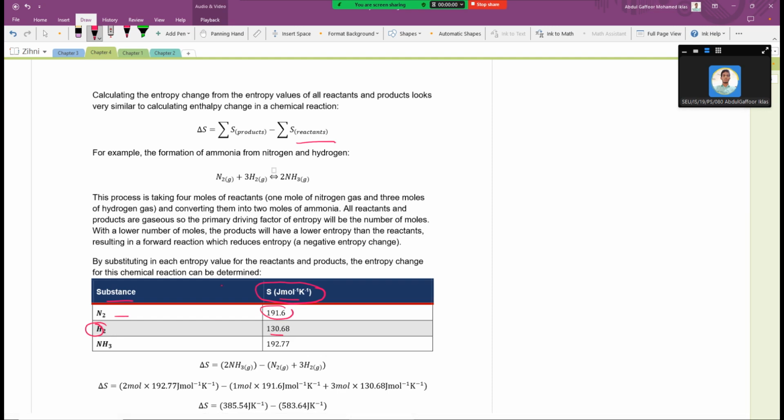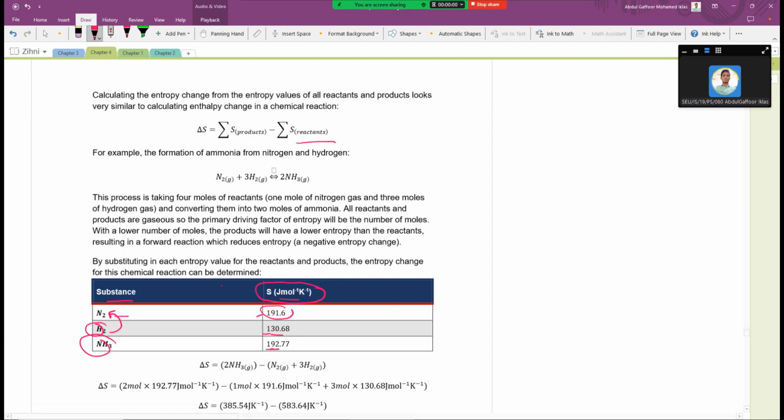Again you can see the chemical complexity of nitrogen is higher than hydrogen. And for ammonia it's again higher, because the complexity of ammonia is higher than nitrogen, so it is 192.77, right?